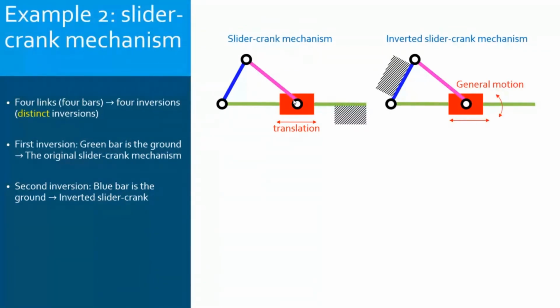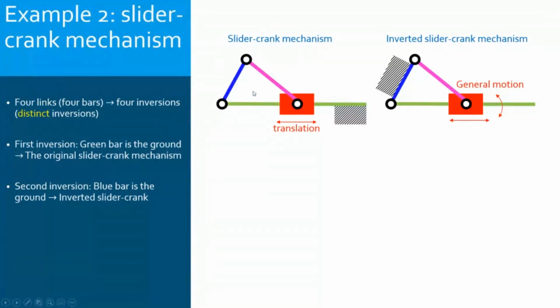Yes, for the original slider crank mechanism, I forgot to mention the inputs. Here, the input mostly is the crank, and the output is the slider. It can also be the opposite. The input can be the slider, and the output the crank.